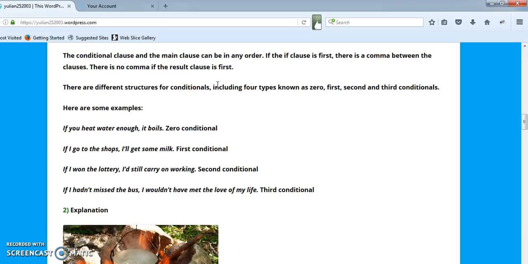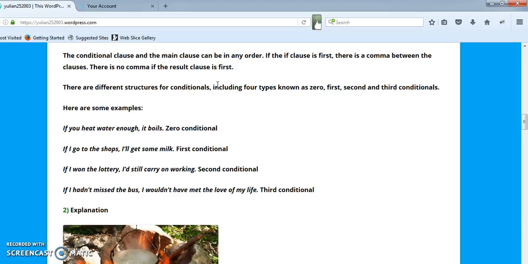If I won the lottery, I would still carry on working. This is the second conditional. In this conditional, we can see two verbs. The first verb is in the past, and the second is a conditional. I'd still carry on working, with the contraction.